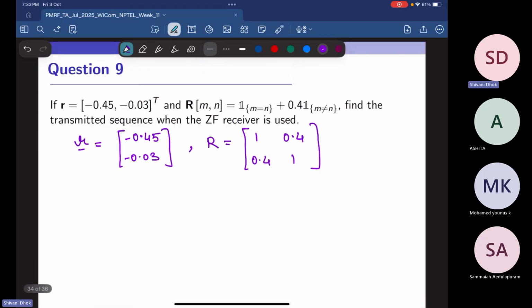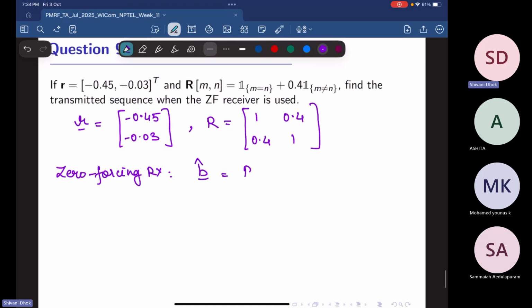But now what we need to use is the zero forcing receiver. The zero forcing receiver says that you estimate your B as R inverse R, and then you need to quantize it. Because you have binary values, you need to quantize it to -1 or 1.